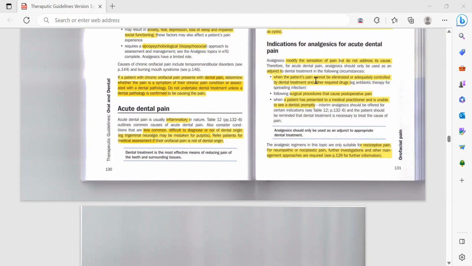When the patient's pain cannot be eliminated or adequately controlled by dental treatment and other required drugs, for example, antibiotic therapy for spreading infection. In that case, we need to prescribe the patient a painkiller as well, because the pain would be so severe that dental treatment alone would not help the best.